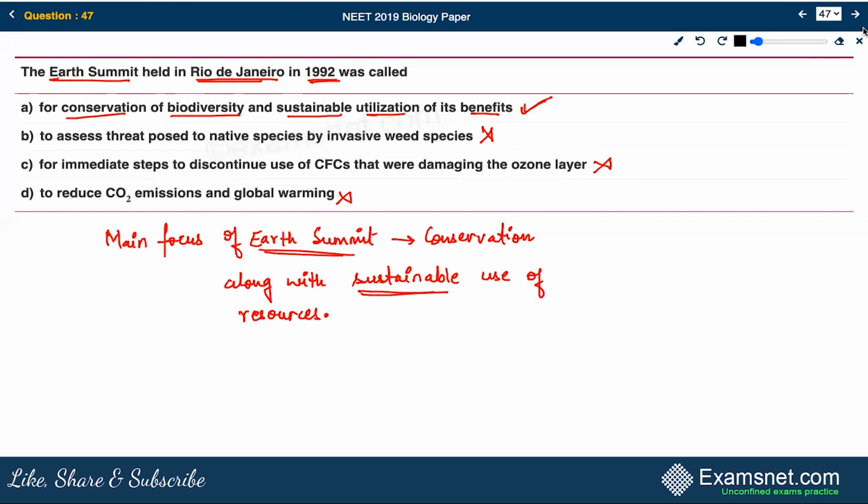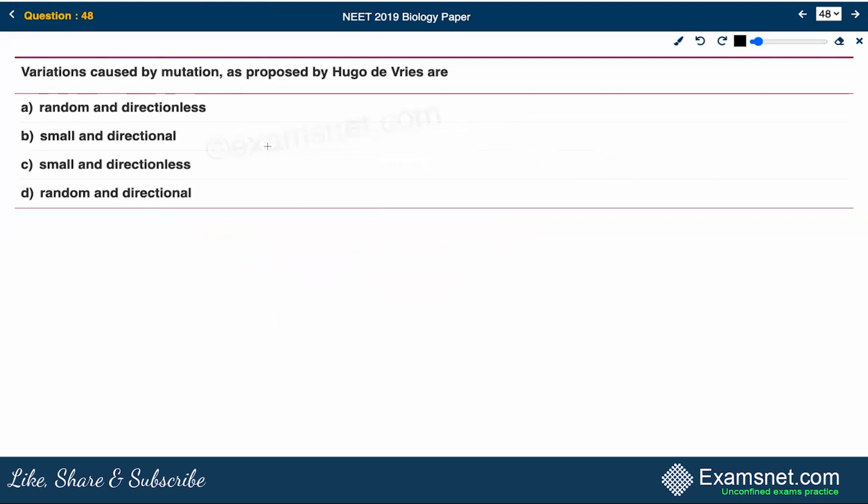Clear? Now, the next question is question number 48. Question number 48 says that the variations which are caused by mutation, as proposed by Hugo de Vries, are what? Let me tell you that Hugo de Vries is one of the scientists who believed that one of the reasons for evolution is mutation only, or one of the reasons for variations is mutations only.